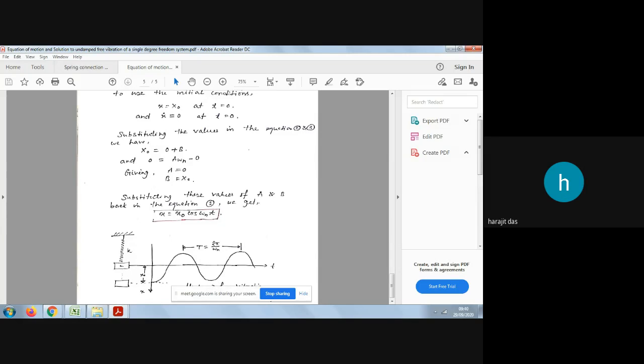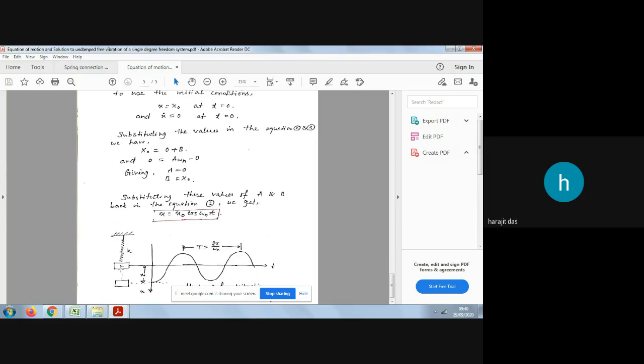I have told you that simple harmonic motion is a motion which can be represented by a sinusoidal curve or cosine curve. So this is represented by a cosine curve. If the motion was started from the upward direction, then you will get a sinusoidal curve.